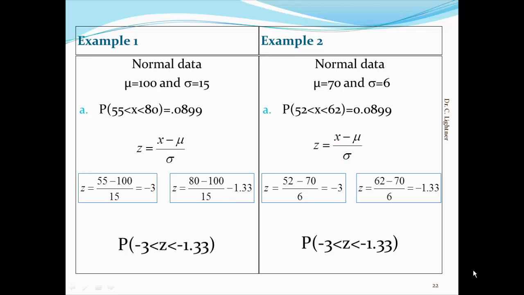The moral to the story: if we look at normal probabilities through the eyes of their z-score intervals, then our probability values become identical. In other words, the probability of z falling in any interval will be the same, regardless of the original population that the data came from.